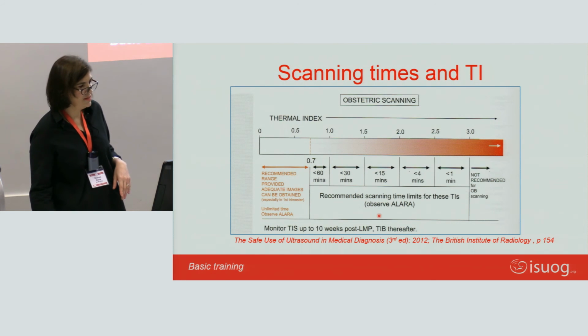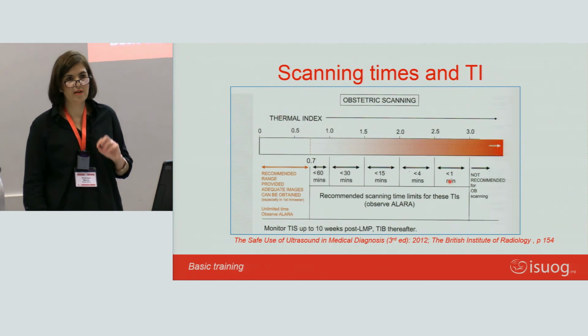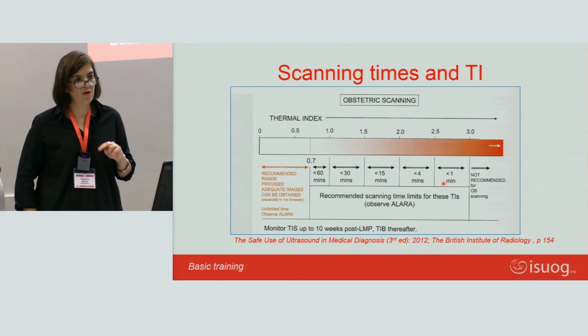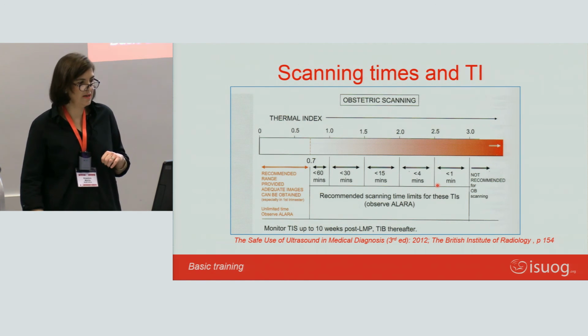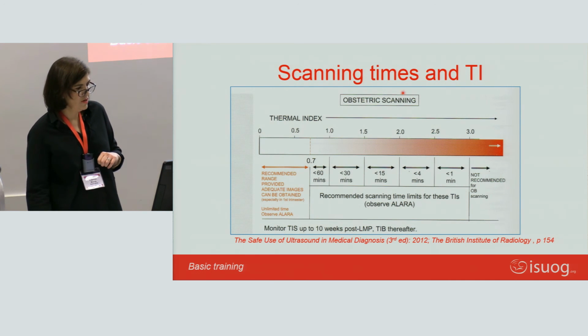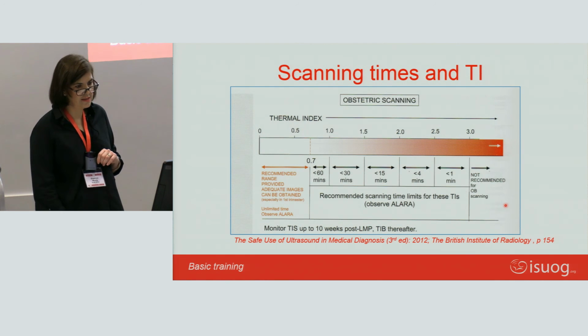And here you can see, and I just wanted to say that most ultrasound machines are preset to the correct mechanical and thermal index. So if you scan at a thermal index of 1, after the first trimester, you shouldn't scan for longer than 60 minutes.